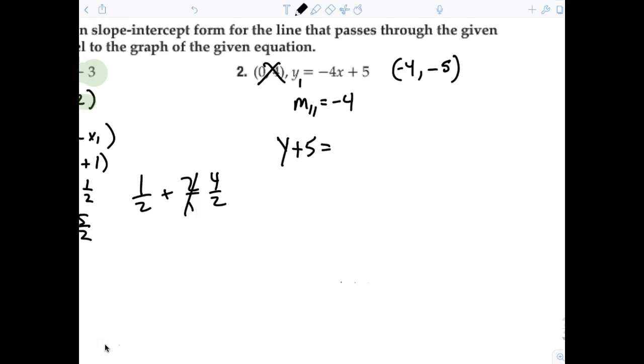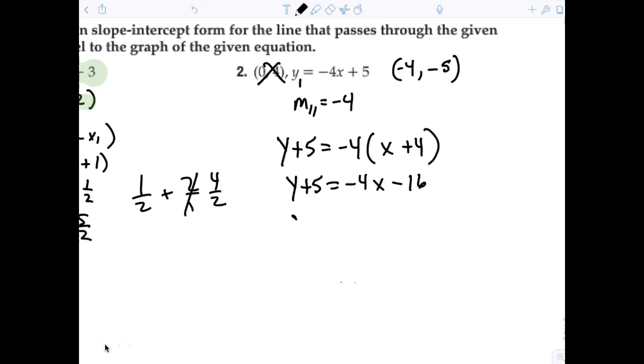Good. You with that or not? All right. Anybody have any issues? Anybody having issues? All right, now solve this. y plus 5 equals negative 4x minus 16.